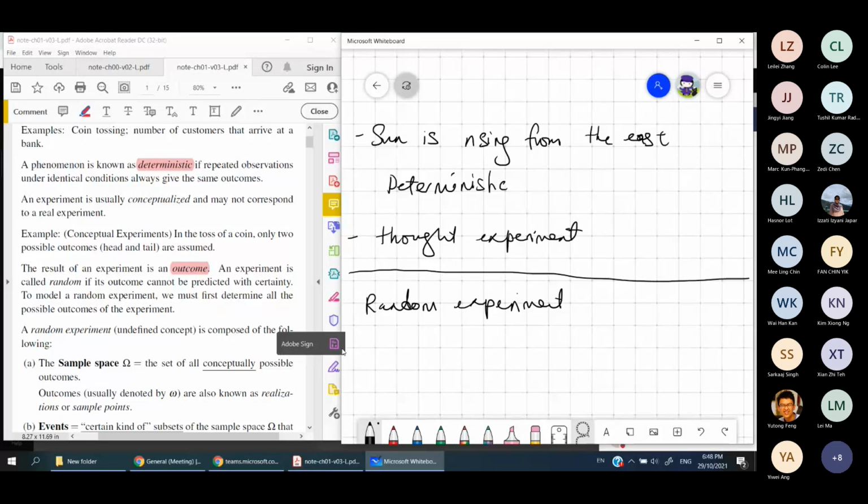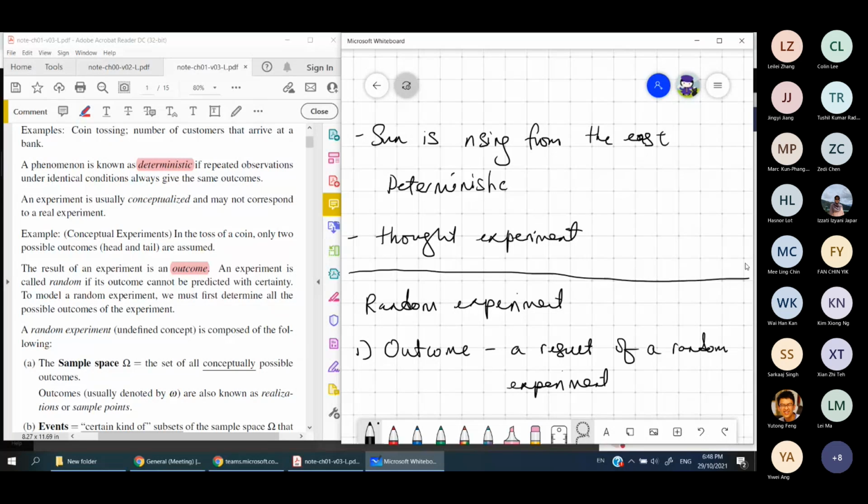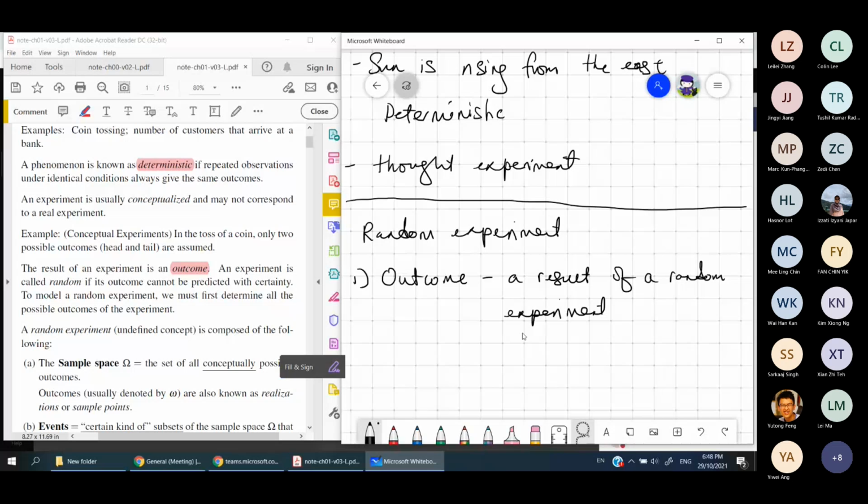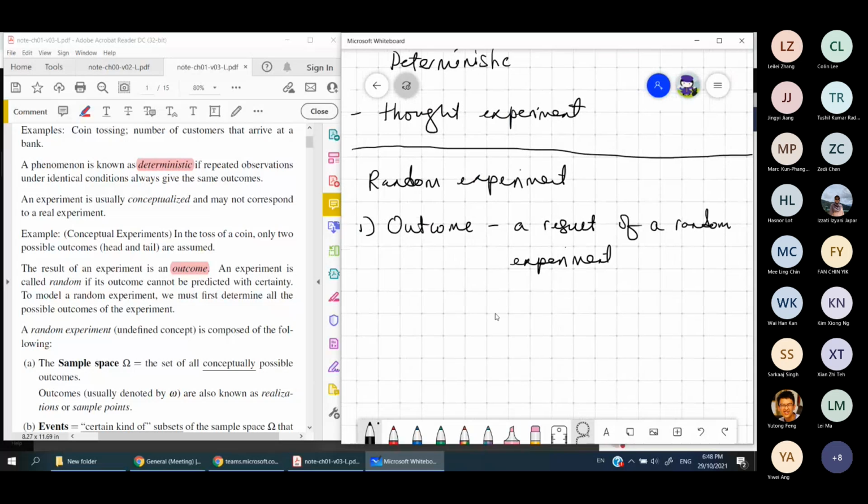Then an outcome is a result of a random experiment.